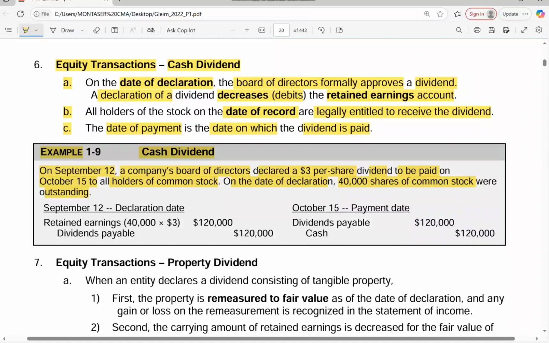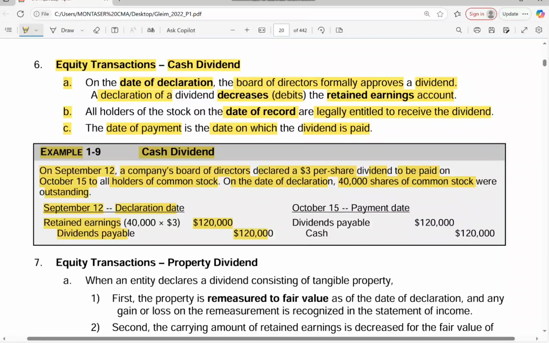We must make two journal entries. The first entry we will make on September 12, the date of declaration. We will debit the retained earnings account for $120,000 and credit dividends payable for $120,000.